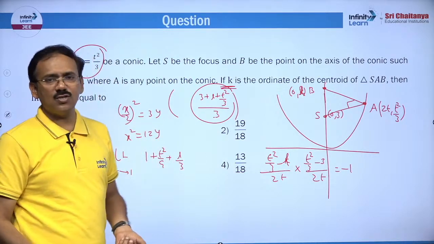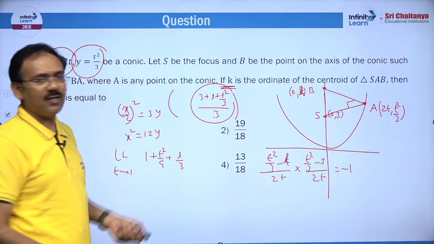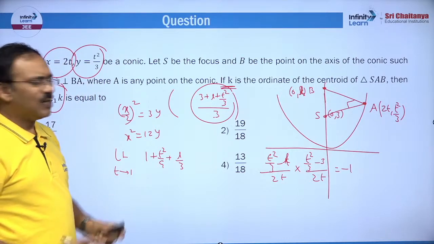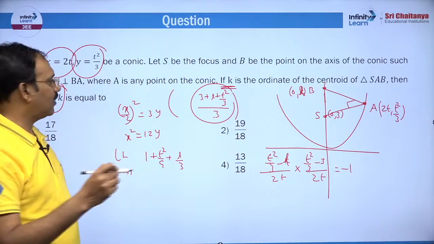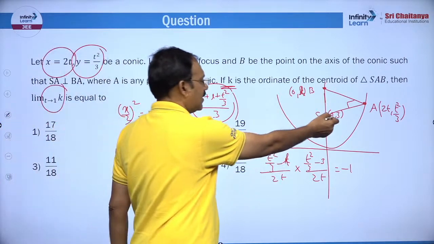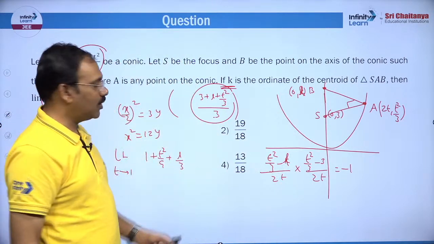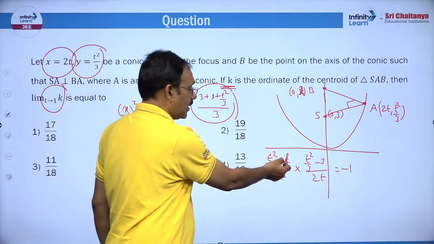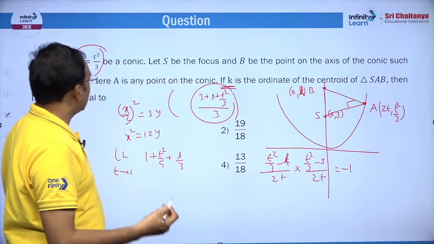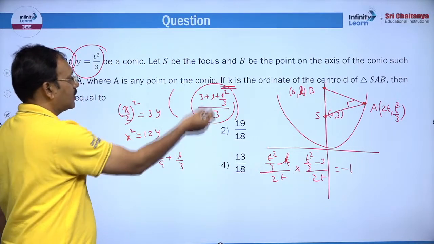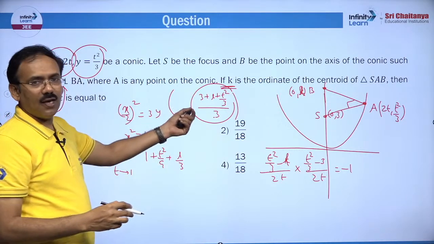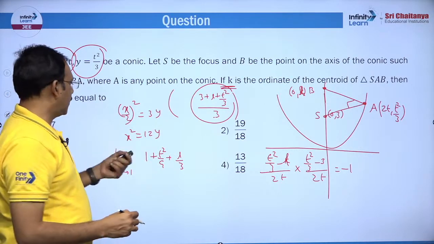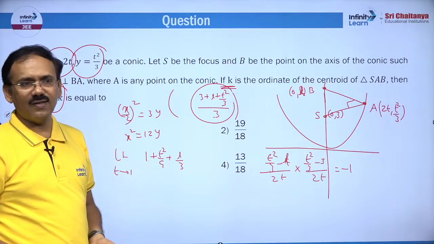Now, limit t tends to 1 is not a big issue, you can find the limit. Friends, you see, it is a combination of 2-3 simple problems: parabola, equation, finding the point, then if they are perpendicular you have to write L in terms of this, then the centroid of this triangle's ordinate is taken, which is completely this k. You can express k in terms of t, apply limit t tends to 1, that is it.